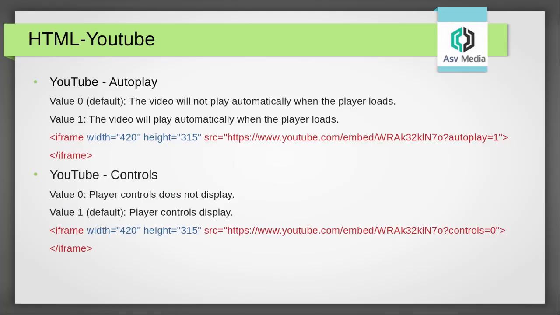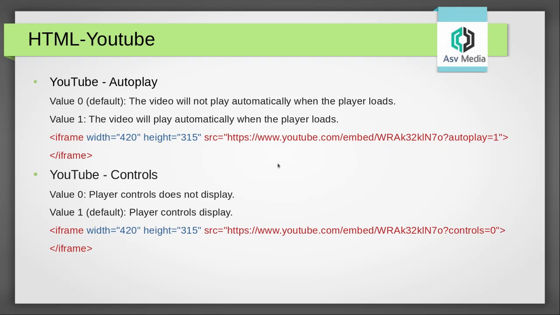Now YouTube autoplay. Suppose you want to play your video automatically; this is your iframe and this is your link. The value 0, which is the default, means the video will not automatically play when the player loads. If you want to autoplay it, you have to change this value from 0 to 1, and it will automatically play when the player loads.